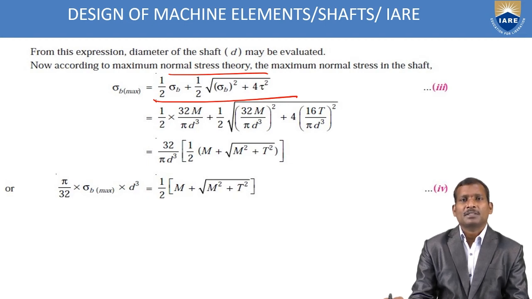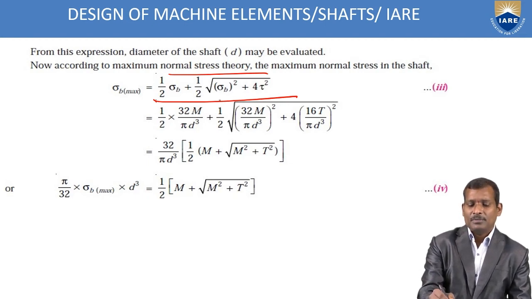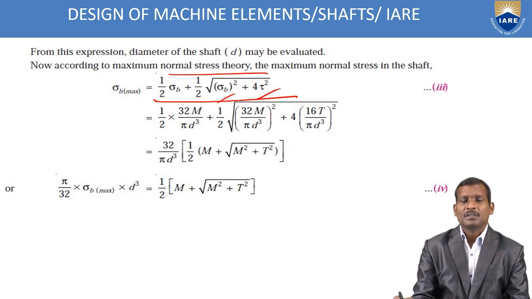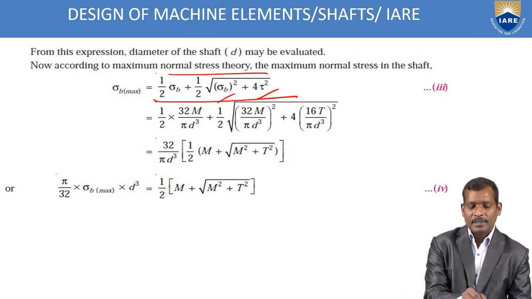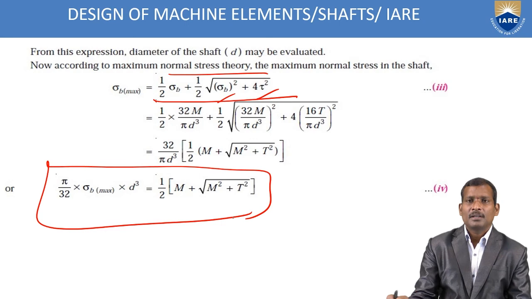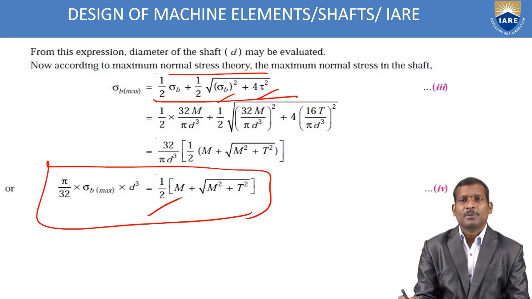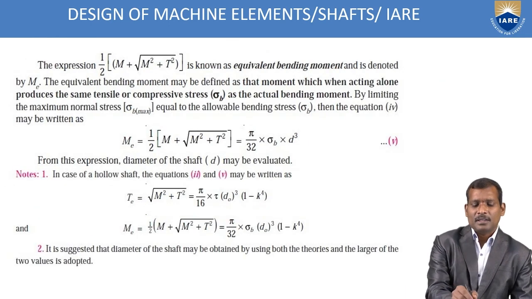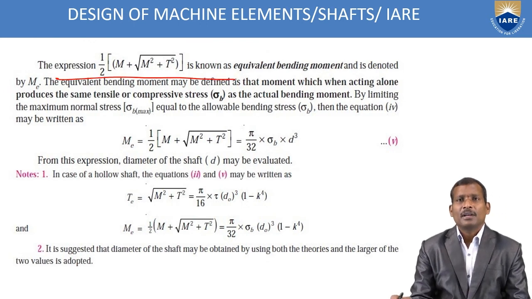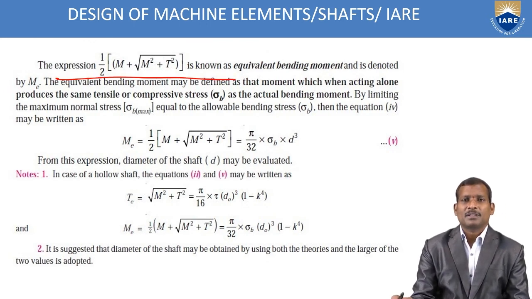So again substitute the sigma b value and the tau value in this equation and you will get the final equation: pi by 32 into sigma max into d cube is equal to half into M plus square root of M square plus T square. This half into M plus square root of M square plus T square is known as equivalent bending moment.